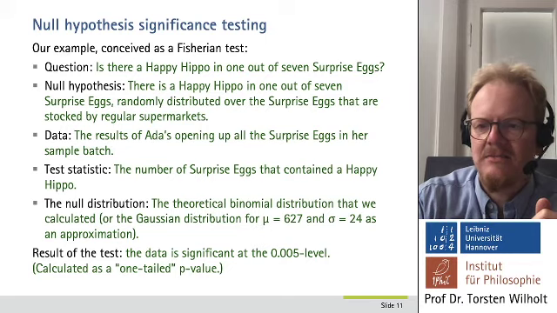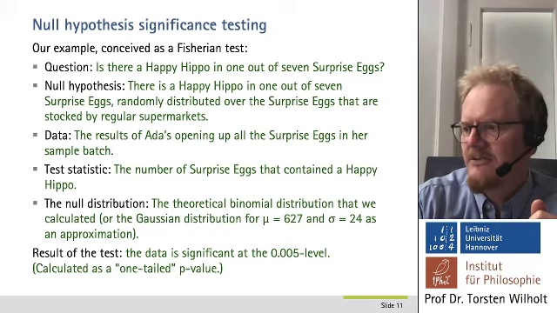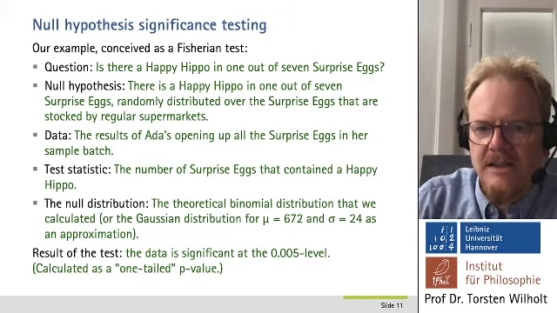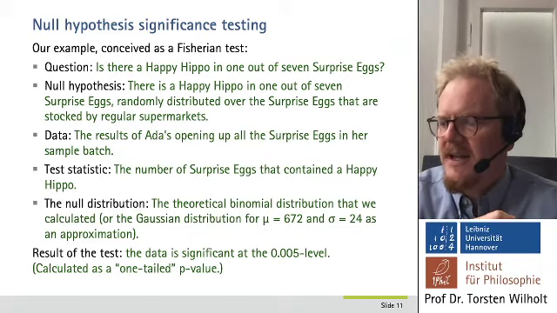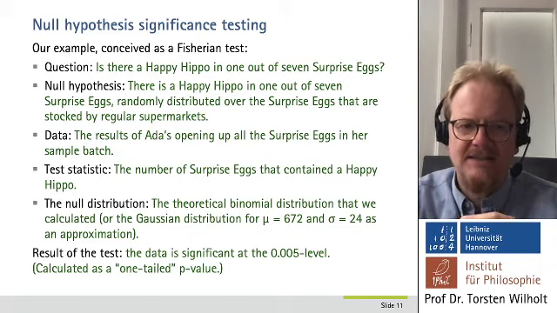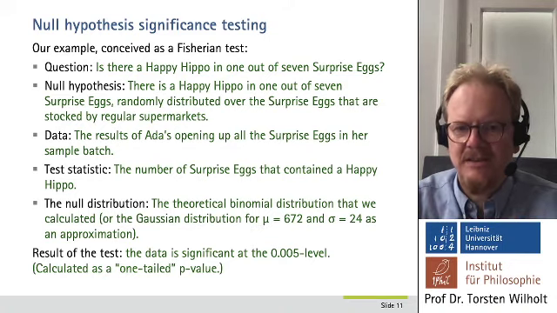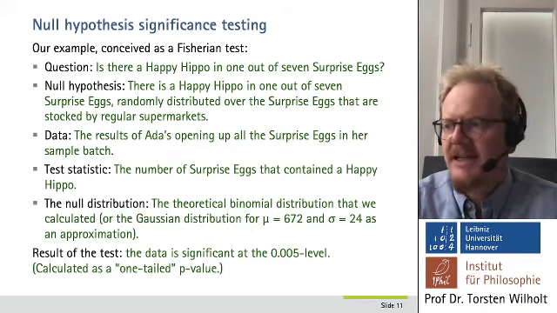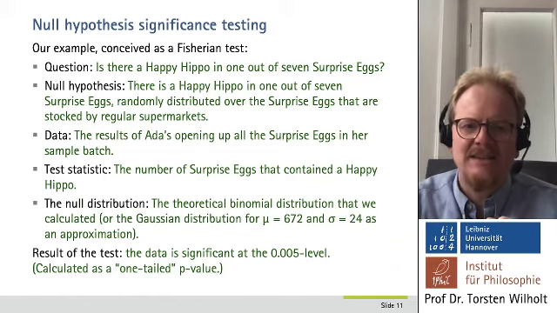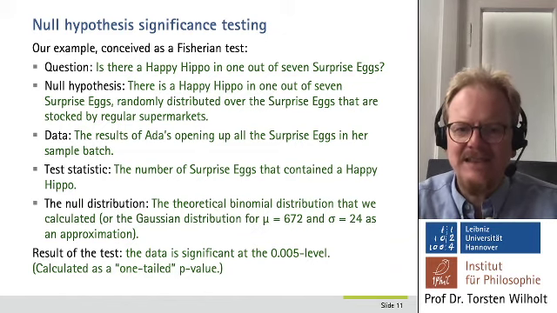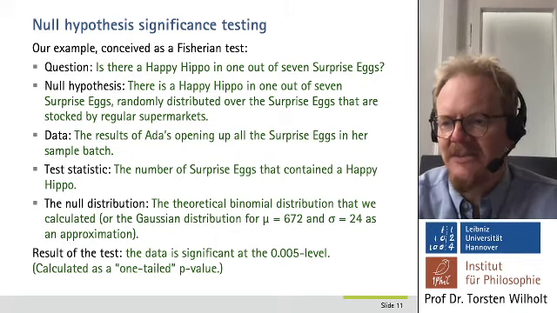I'm sorry, there's a mistake. 672, I corrected it. And 24 as a standard deviation, as an approximation of this theoretical binomial distribution. And then the result of Ada's experiment is that the data is significant at the 0.005 level.